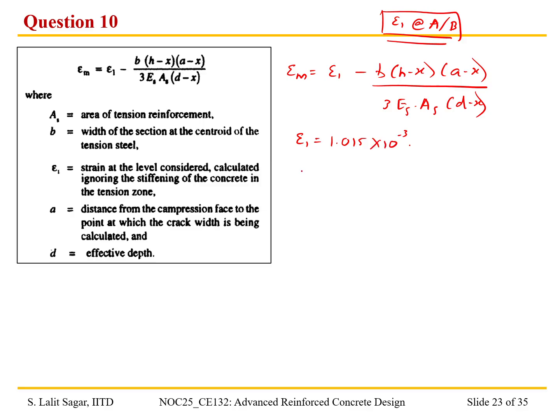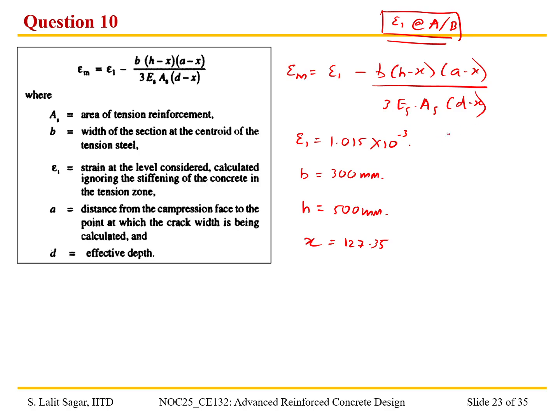Okay, and what is the value of b? b is the width of the section, that is 300 mm. And what is the value of h? h, I reckon that is the overall depth of the section, right? Let me confirm. Yeah, that is the overall depth, that is 500 millimeter, right? And x here is 127.35. Okay.